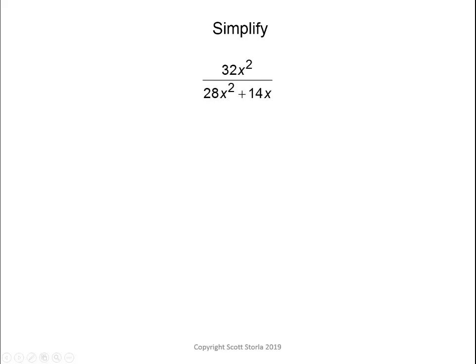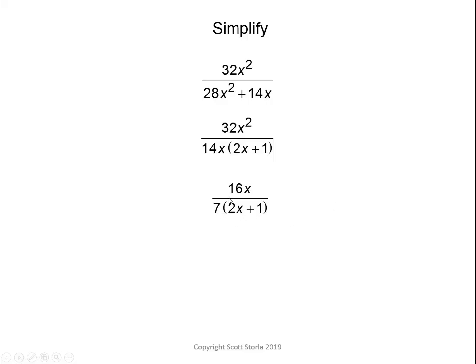Here's another. Make sure you factor out the entire GCF from the denominator. The 28 and the 14 share a 2 and a 7, but even more, they share a 14. So the GCF in the denominator is 14x, and then the 14 and the 32 can reduce, and the factor of x can take one of these to leave 1x in the numerator, and this is our final form.